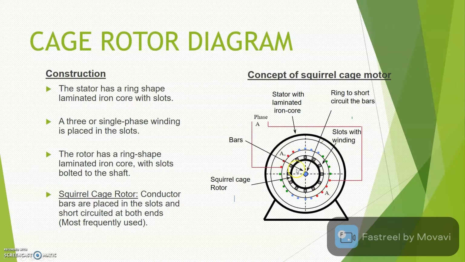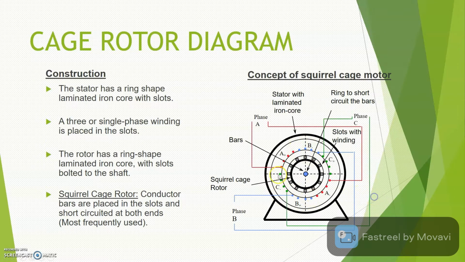Basically for the 3-phase winding, you will have a connection between the A plus and A minus here. You connect from here to here to form the phase A winding. Then the phase B winding will be connected from B minus to B plus.